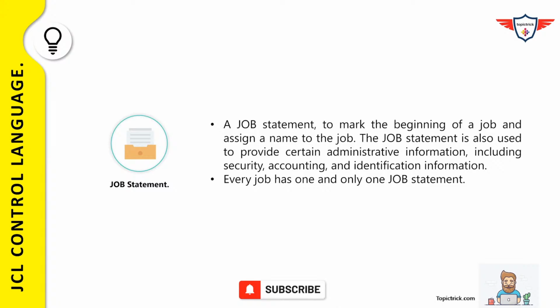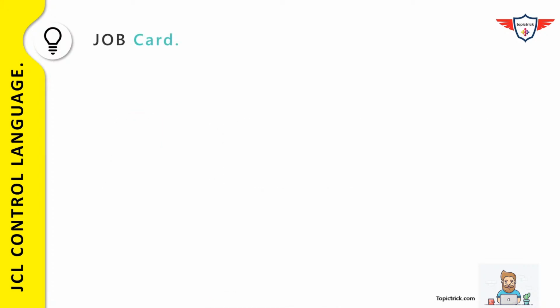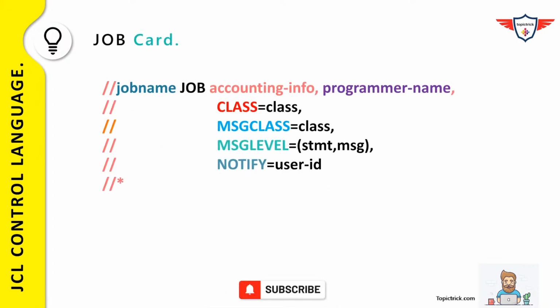Now, let's deep dive into the syntax of the job card. In this section, we will look at different parameters, for example keyword parameters or positional parameters, that are used to define a job card. The syntax of the job control statement is fairly simple and easy to understand. The only thing you need to remember is that you have to use positional parameters at a specific position, right?